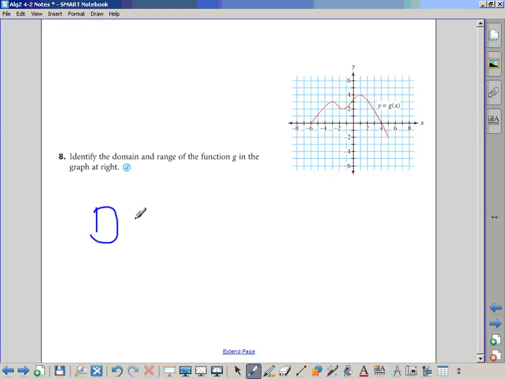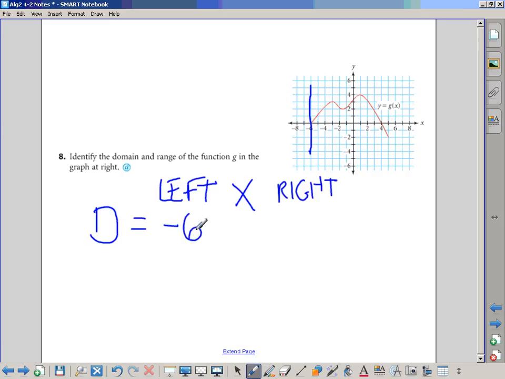For domain, they're basically asking you for the farthest point left that this graph reaches for the x's, and then the farthest point to the right where this graph reaches. That's how you express the domain. Here's this red curve. It goes as far left as -6. That's like its western boundary, so to speak, if you were looking at a map.